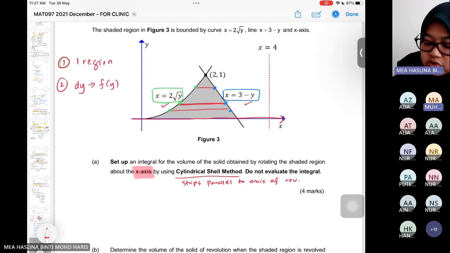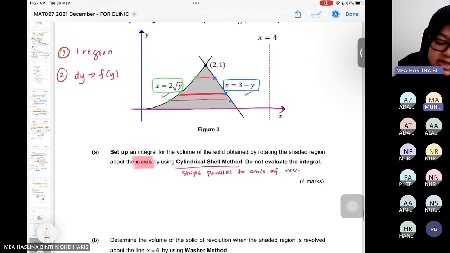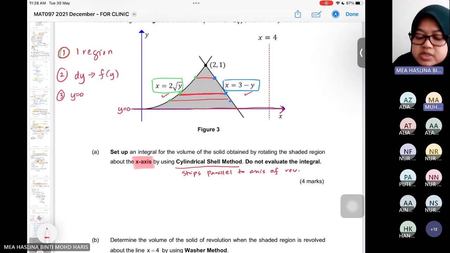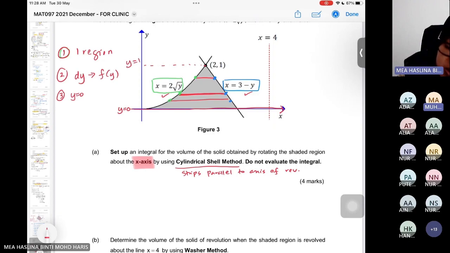Number three, you determine the limit. The limit will start from y equals 0, the lowest horizontal strip, to the highest horizontal strip at y equals 1. So you have limit 0 to 1.